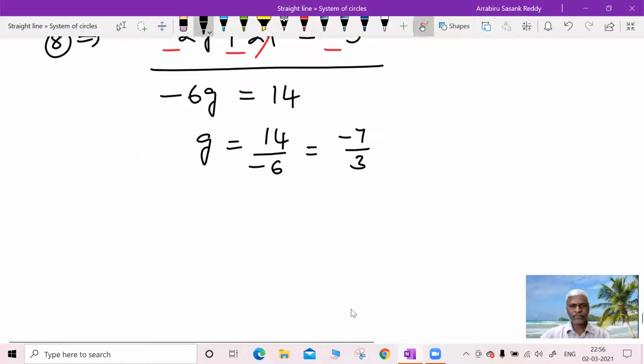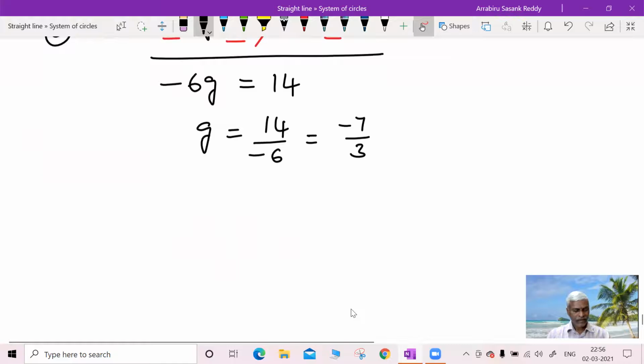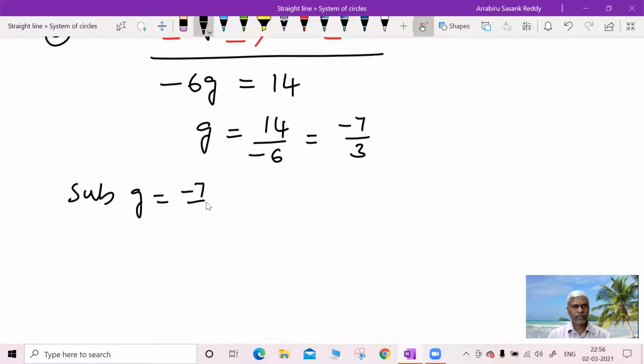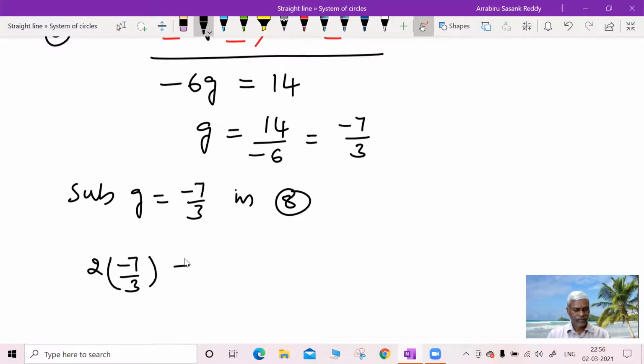That is the g value. Substituting the g value minus 7 by 3 in equation 8, that is 2g plus 2f is equal to 3.